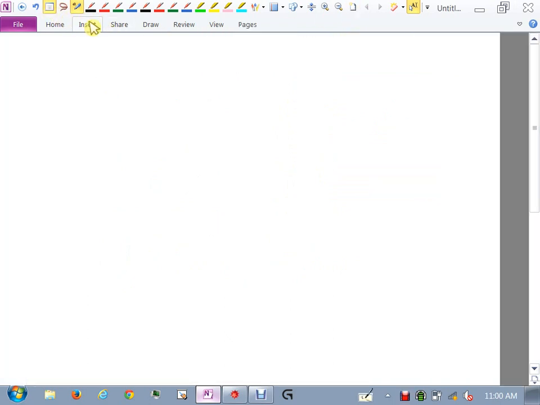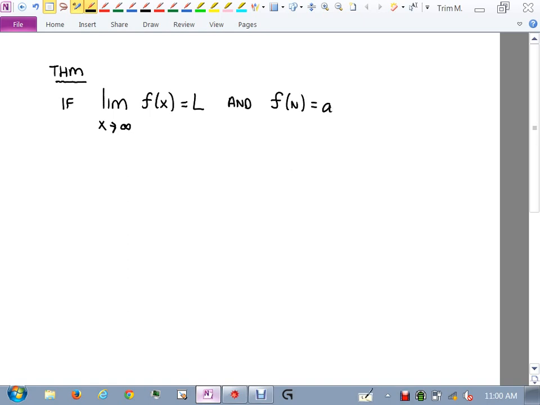So our first note is another theorem. And it says that if the limit as x approaches infinity of f of x equals L, and f of n equals a sub n, then the conclusion of this theorem is that a sub n, what's that little arrow mean for us now?